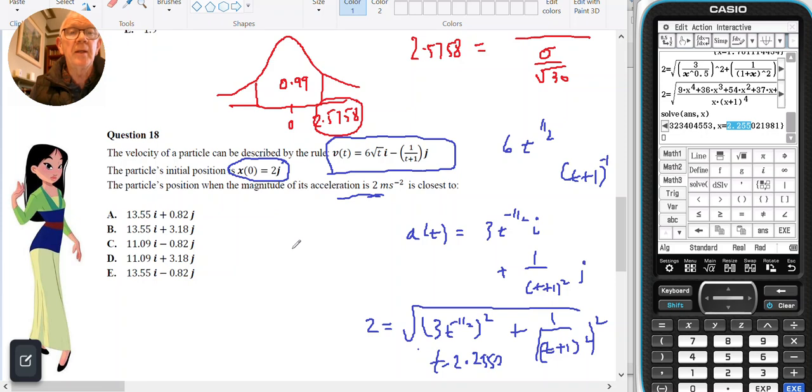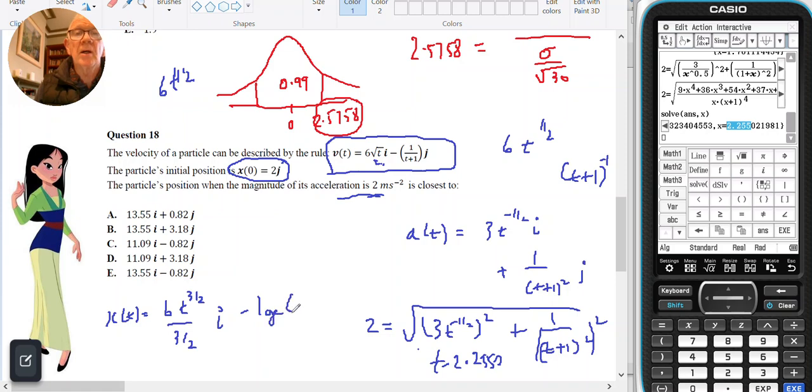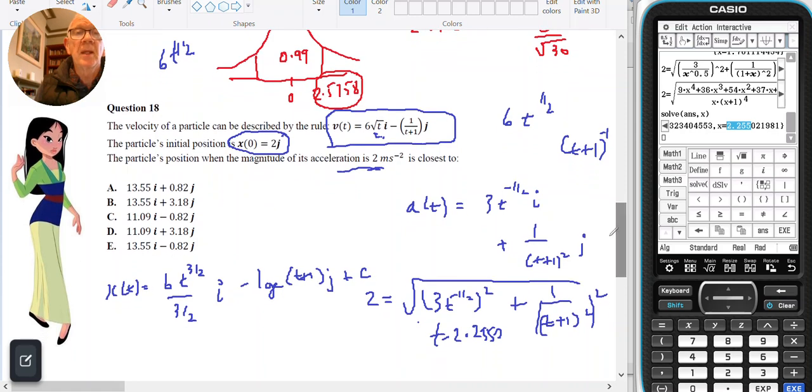I've got to find its position. So I need to integrate this expression here, and x of t is going to equal 6t to the half will be 6t to the 3 on 2 on 3 on 2 in the i. Integrate minus log base e of t plus 1 in the j plus some constant c. And I know that the initial position is 2 in the j.